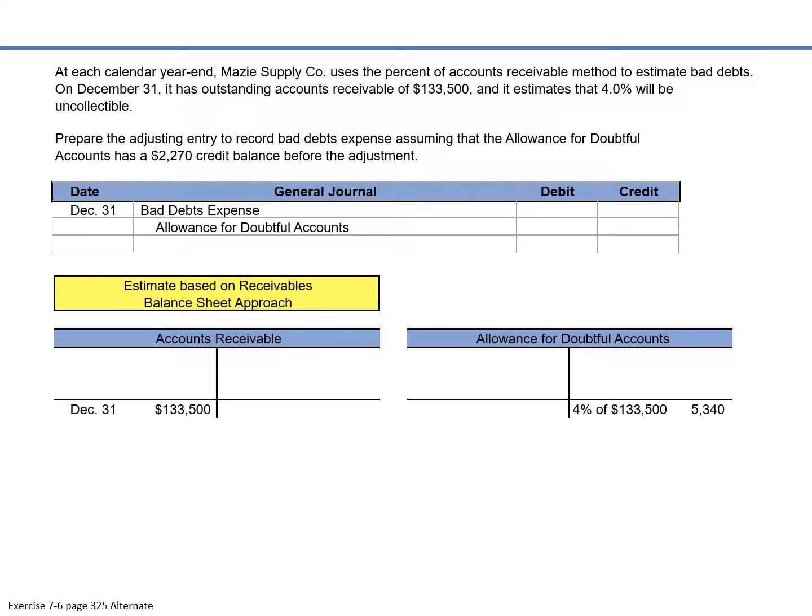They start with a credit balance in their allowance of $2,270. So we've got a $2,270 credit. We need to get to a $5,340 credit. So we're going to do that with a credit of $3,070. So we're going to debit bad debt expense for $3,070 and credit allowance for doubtful accounts for $3,070.